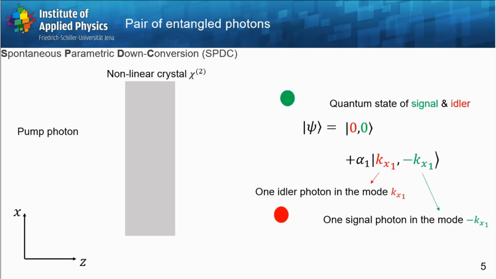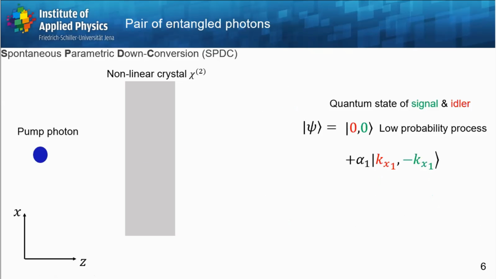But there are also, of course, more possibilities. And remember, in each of the possibilities, we have momentum correlation. So the crystal can also create other Kx vectors.